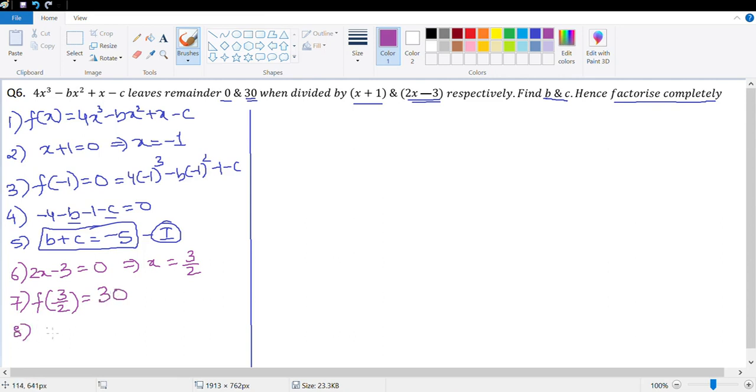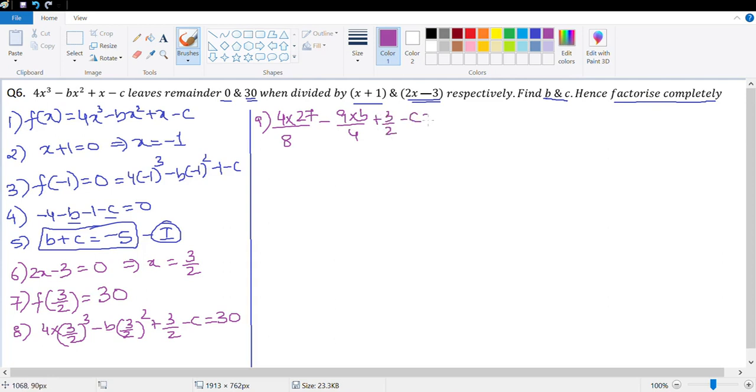So what we have is 4 multiplied with 3 by 2 cubed minus b multiplied with 3 by 2 squared plus 3 by 2 minus c is equal to 30. Let's open the bracket first. So that will be 4 multiplied with 27 upon 8 minus 9 multiplied with b upon 4 plus 3 by 2 minus c is equal to 30.